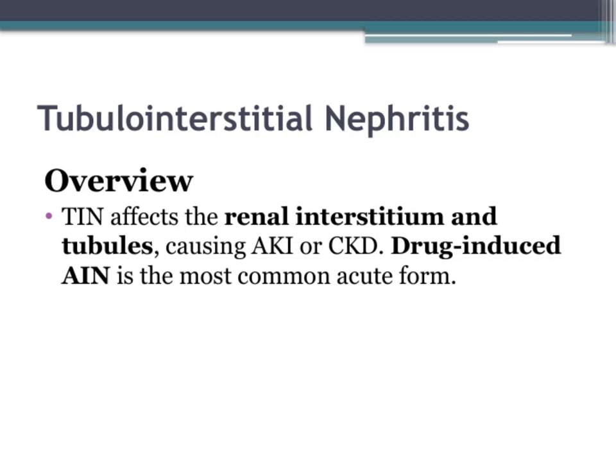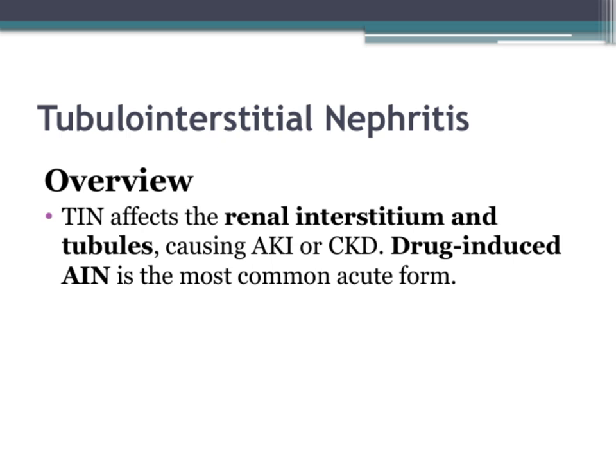Let's take a closer look at tubulointerstitial nephritis, or TIN. This condition primarily affects the renal interstitium and the tubules, which are essential parts of the kidney's filtering system. When these areas are inflamed or damaged, it can lead to significant issues like acute kidney injury, or AKI, and even progress to chronic kidney disease, CKD.